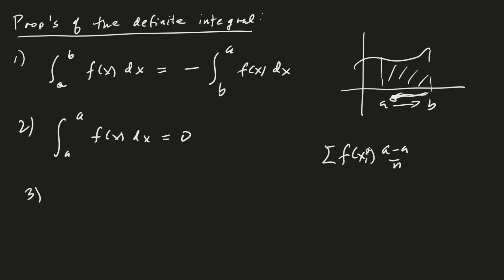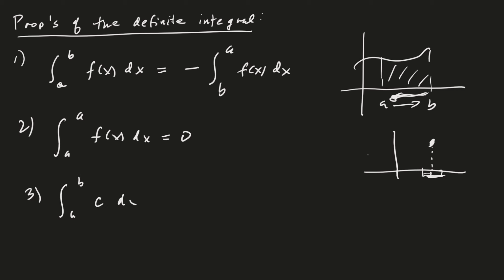And of course geometrically, what are we doing in that case? You're finding the area under a point. The area under a point would have your rectangle with 0 width, for example, and so then the area would be 0.